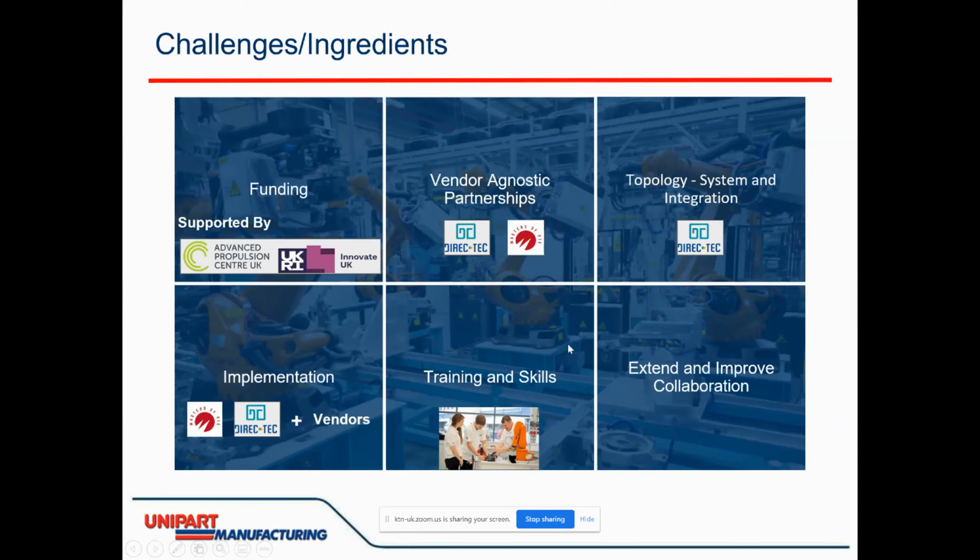The other major thing we have been working on is training and skills. These are all rare breed technologies and skills. If you start looking for jobs in PLM, PDM, MES, CAD, you will see the range of salaries people are looking for, and how tight the market is in terms of skills. So we are working with universities now.